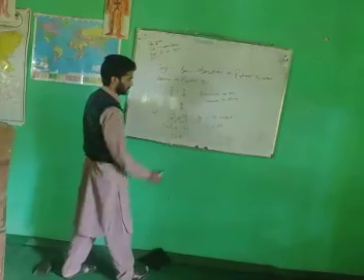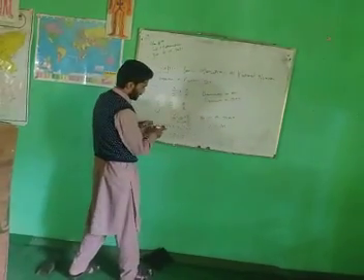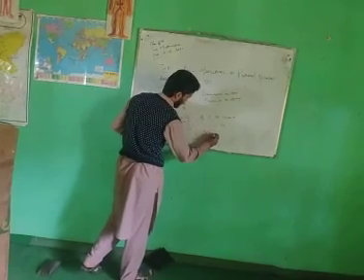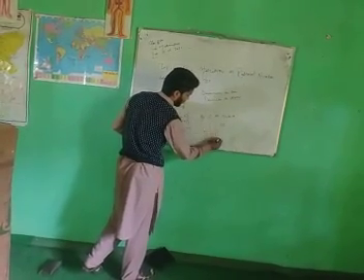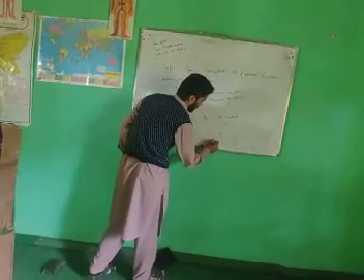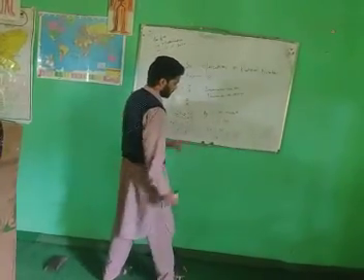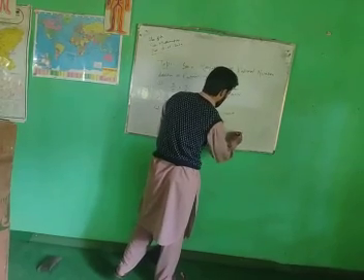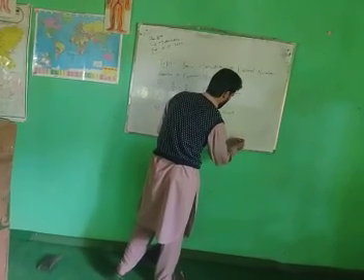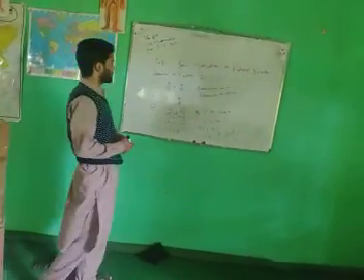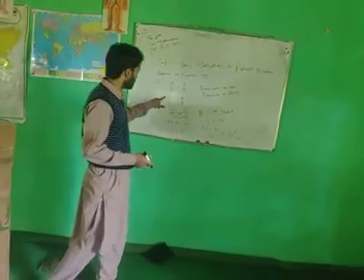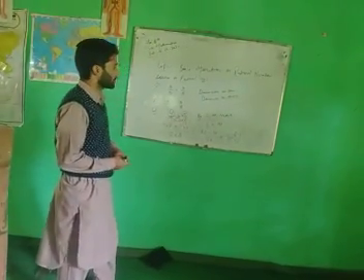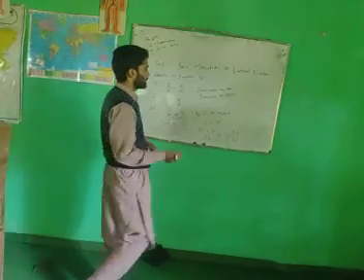We multiply 4 times 8, that is 32, plus 7 into 5, 35, divided by 7 into 8, 56. We add them, 67 divided by 56. This is the answer of this question.